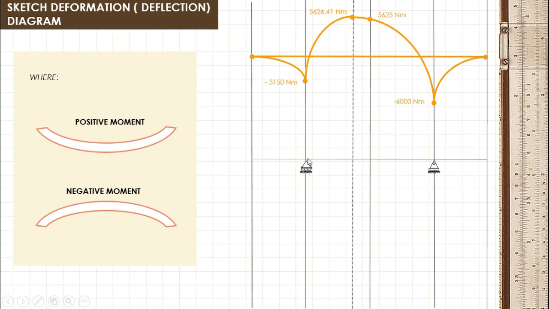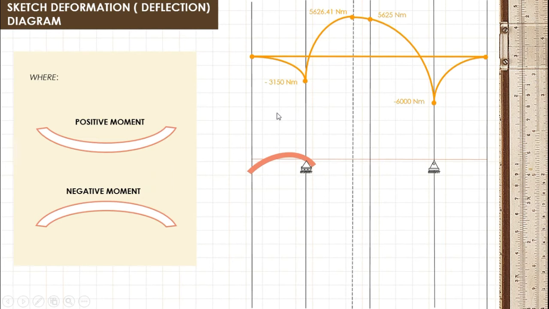When our moment is positive, a beam bends concave upward like smiling. And if our moment is negative, a beam bends concave downward like frowning. So our span A to B has negative moment, so our bending moment is concave downward like frowning.